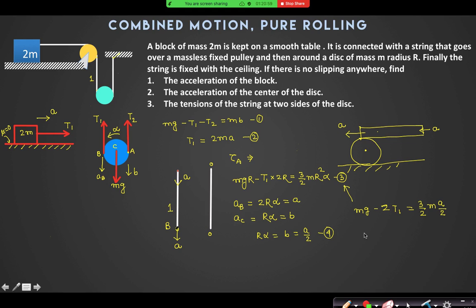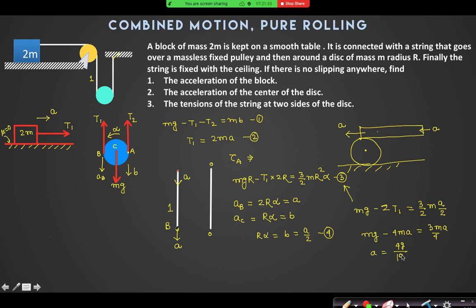T1 is equal to 2Ma, so 2T1 is equal to 4Ma. So Mg minus 4Ma is equal to 3Ma by 4. 16 plus 3, 19A by 4 is equal to g. So A is equal to 4g by 19.